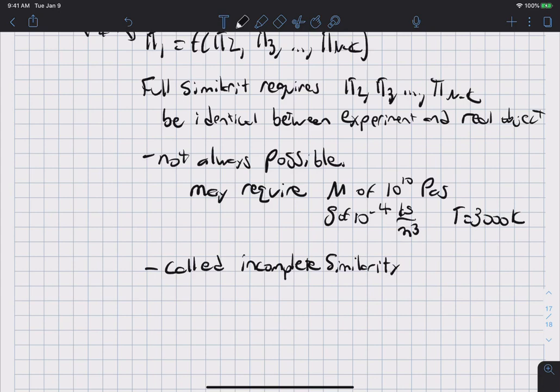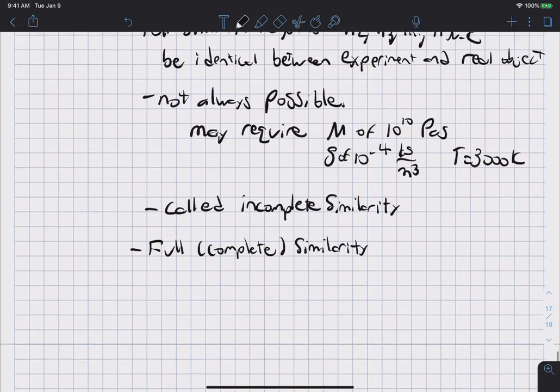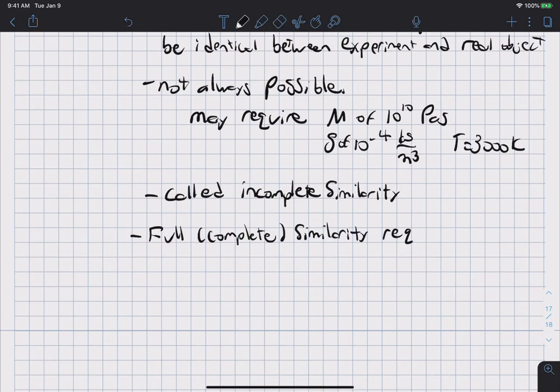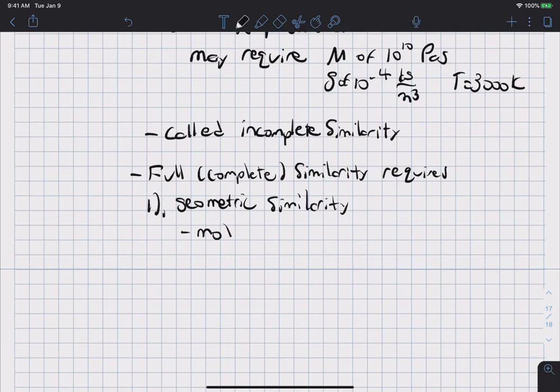Also, in addition to the pi groups, full or complete similarity between the experiment and the real object requires geometric similarity, that is, the model and real objects have the same shape factor.